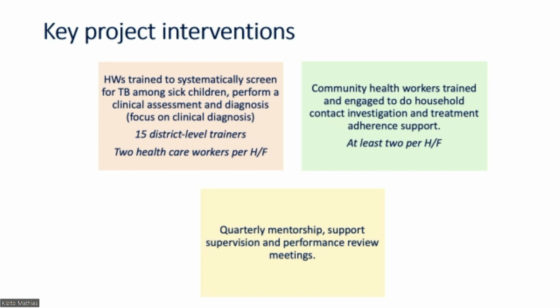These were supported to train healthcare workers per facility, and all TB diagnostic and treatment units within the focus districts were engaged. We also trained community health workers, at least 2 per health facility. Subsequently, we conducted mentorship at the facility, initially monthly for a quarter, and then quarterly thereafter. We also supervised the teams and had performance review meetings to follow up on performance.